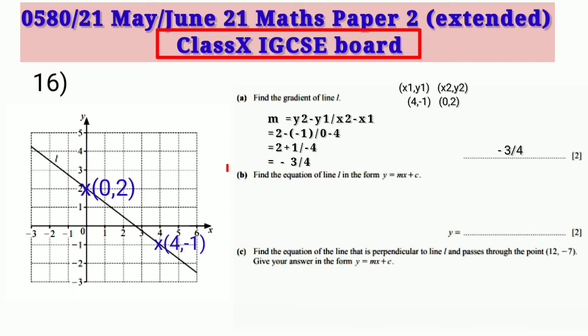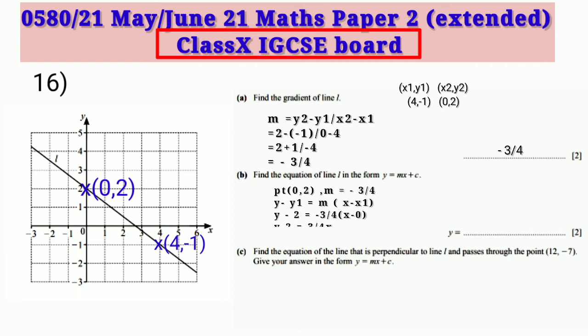In B part of the question, we have to find the equation of line L in the form y equals mx plus c. We will do it by the one point slope form. One point we will take (0, 2) and the gradient we have from the previous question, that is minus 3 by 4. The formula used is y minus y1 equals m into (x minus x1).